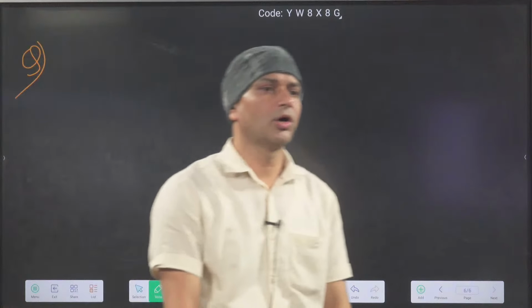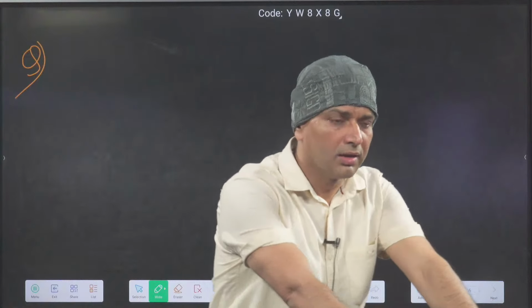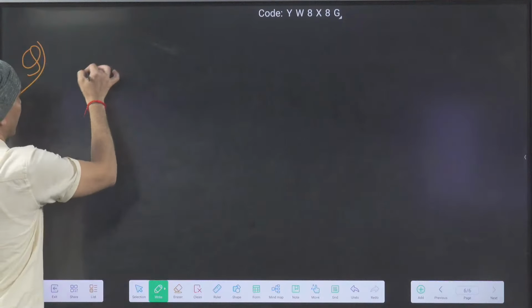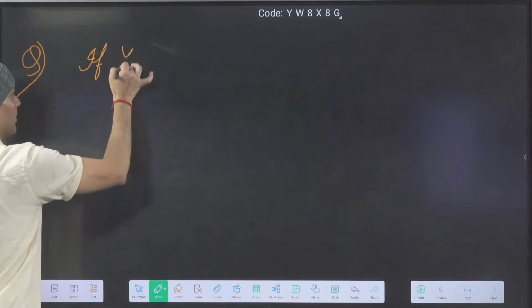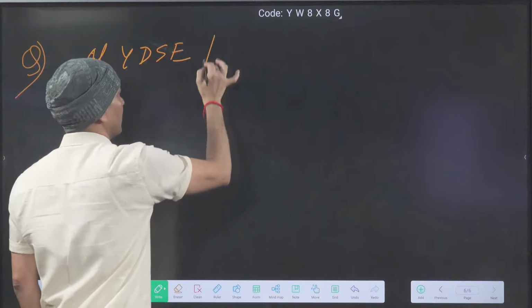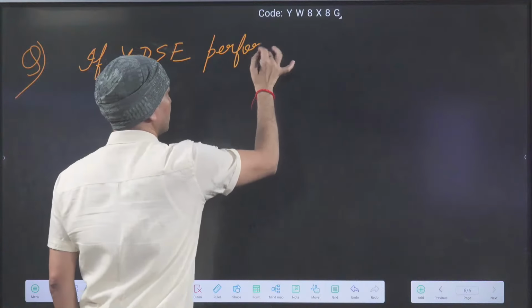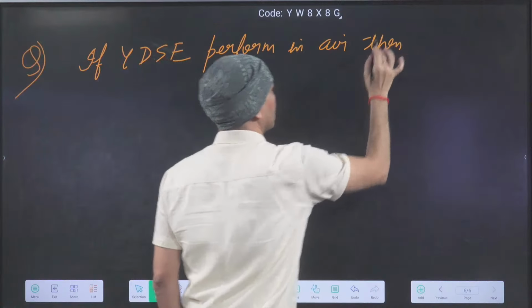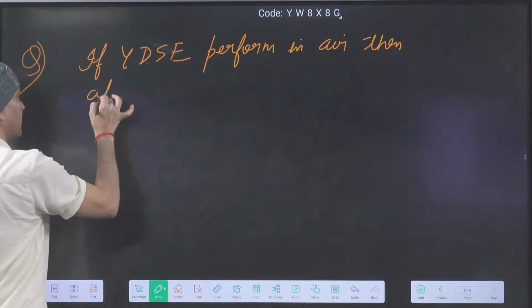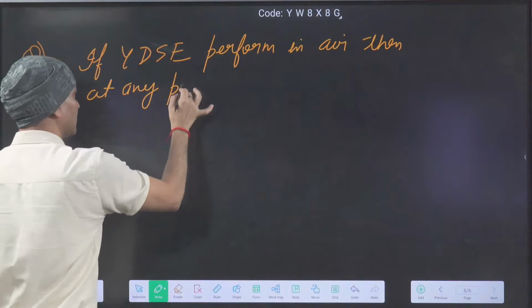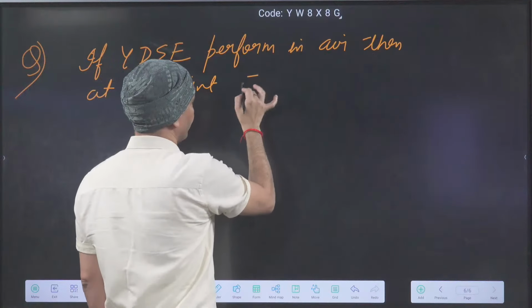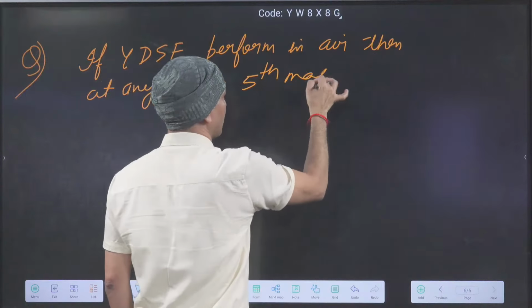Up to this everybody got. Now this one question came in the NEET also. If YDSE is performed in air, then at any point fifth maxima is obtained.